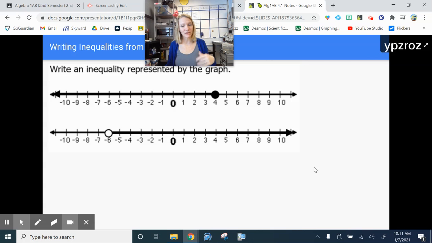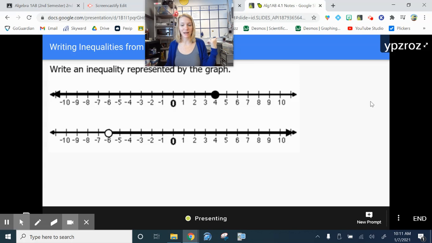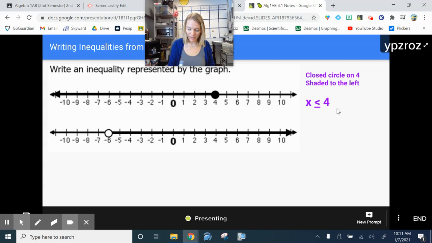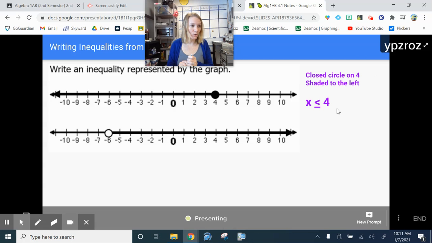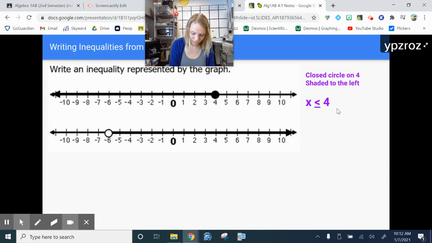So we're going to have a closed circle, so we're going to have an underline, and it's shaded to the left, so we're going to want to go less than. So because it's a closed circle on the 4 and shaded to the left, it's going to be a less than or equal to 4. So I'm going to add that kind of note onto my page here.